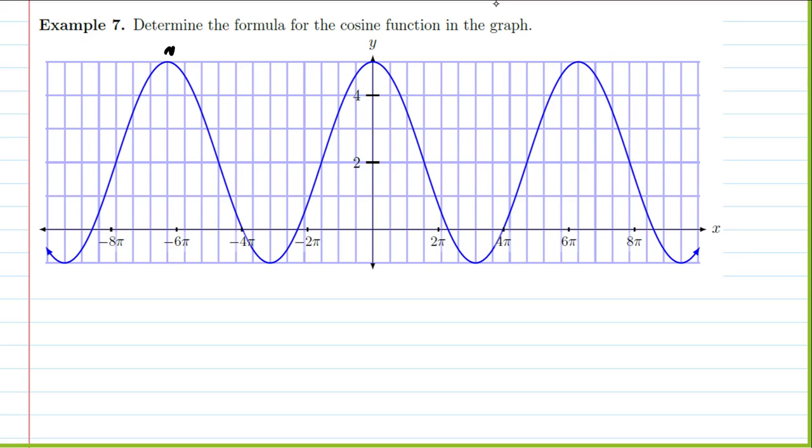We have our max value here, and our max value is at y equals 5. We have a min value here of -1. So the number halfway between -1 and 5 is 2.